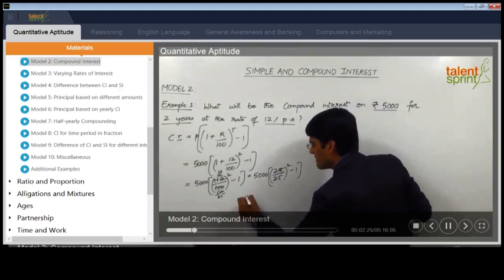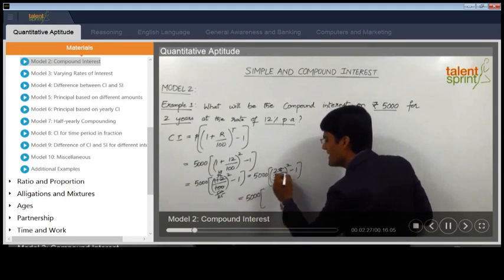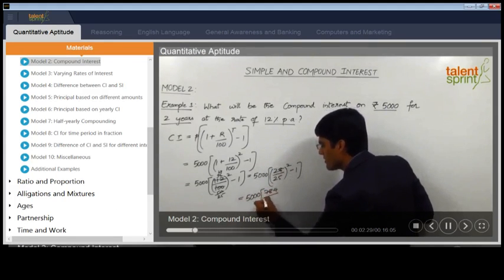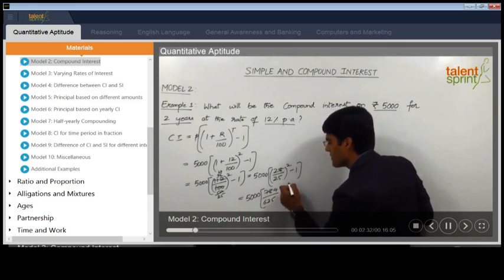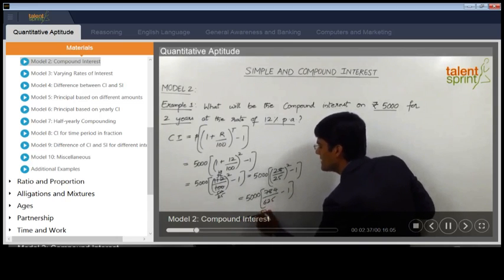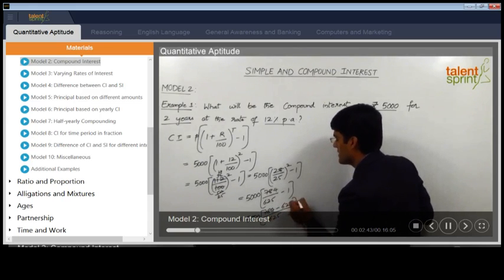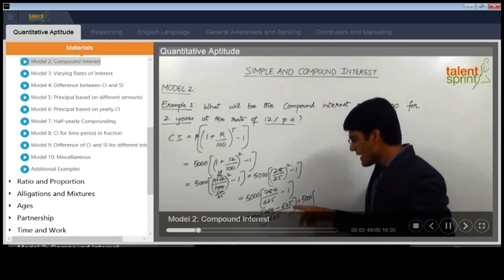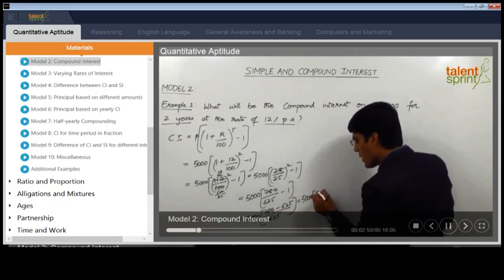So this is again 5,000 into (28 squared is 784 by 625 minus 1). If we take 625 as LCM here, we get 5,000 into (784 minus 625) divided by 625. And this can be further simplified as 5,000 into 159 by 625, since 784 minus 625 is 159.